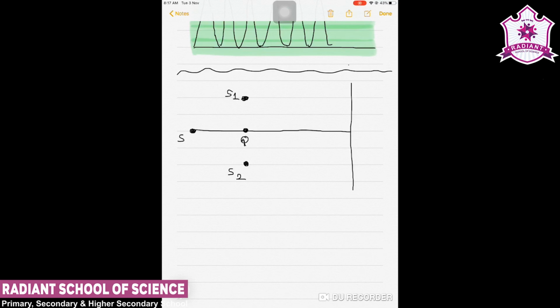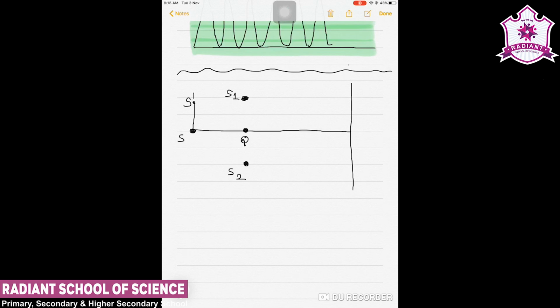What happens if the source S is slightly away from the perpendicular bisector? Consider that the source is moved to a new point S dash. Suppose capital Q is the midpoint of S1 and S2.